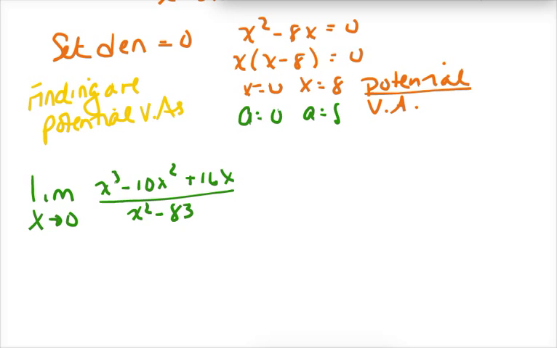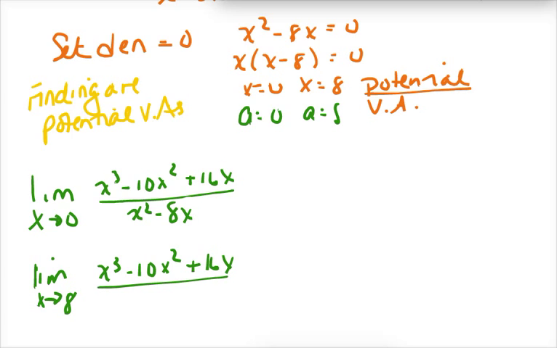And we need to look at the limit as x approaches 8 of x cubed minus 10x squared plus 16x over x squared minus 8x.